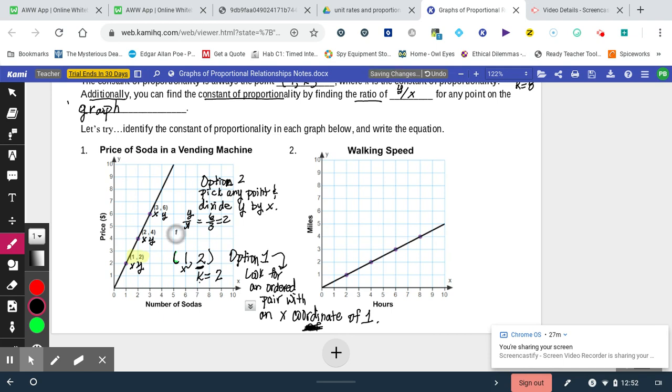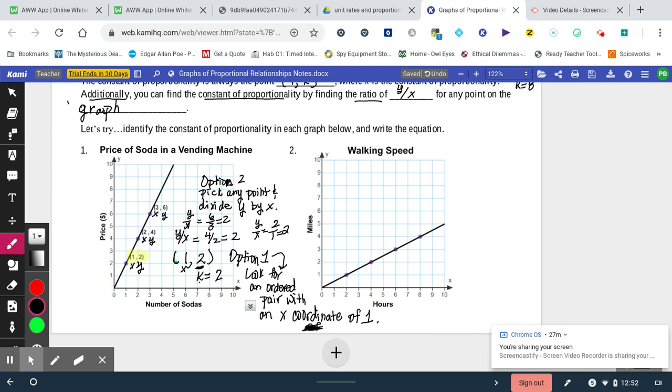For this one, 2, 4, I can take 4 and divide it by 2, I still get 2. You can also do it with the point where x is 1: I can take 2 and divide it by 1, I still get 2. And it's 2 what?